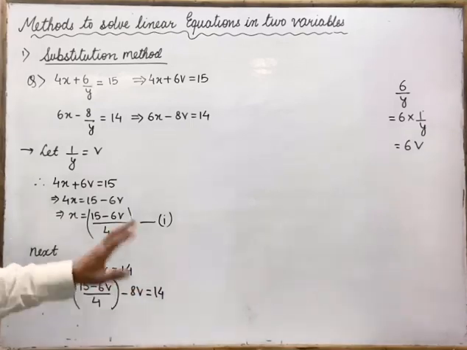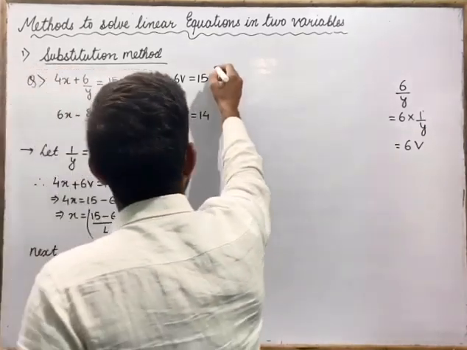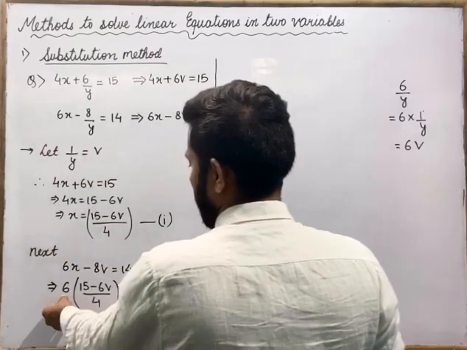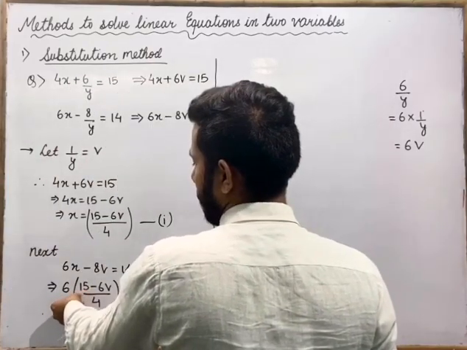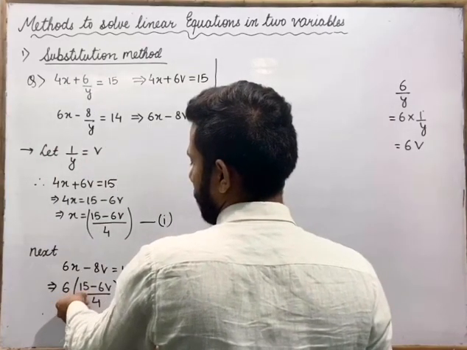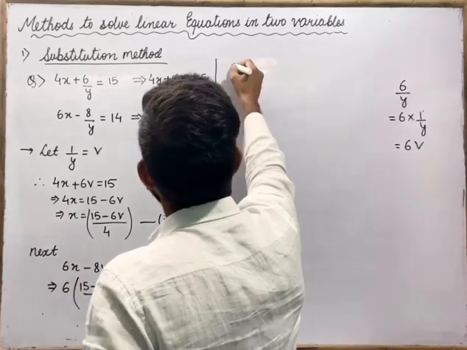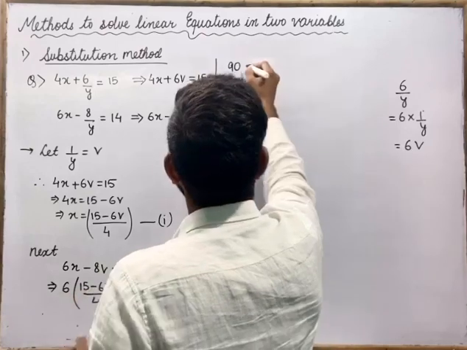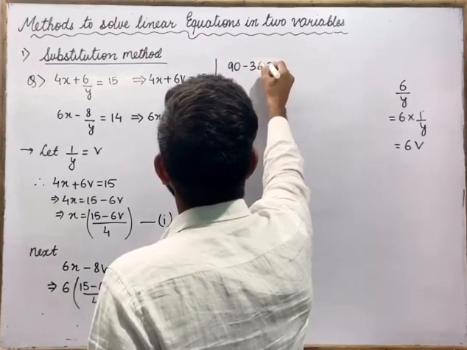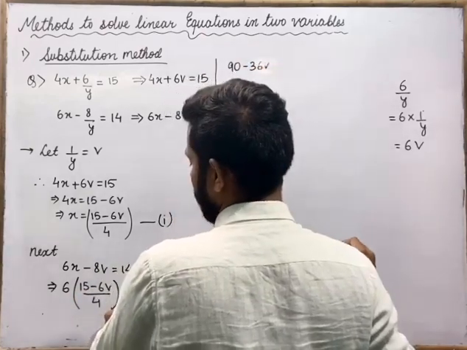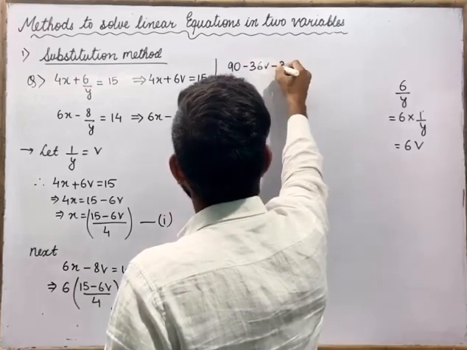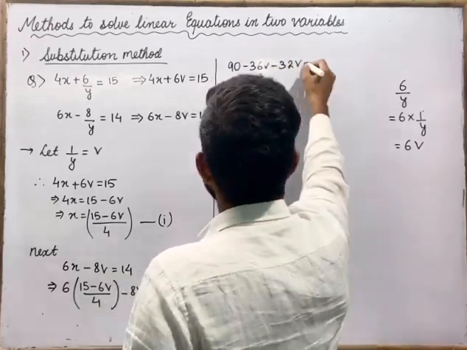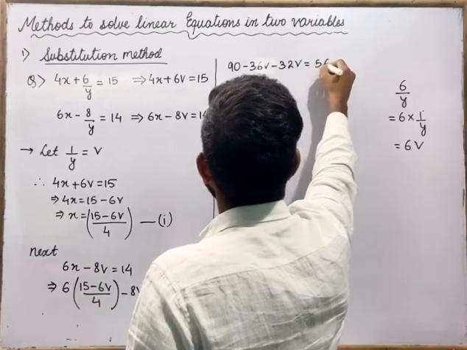Look here. 6 into 15, 90. 6 into minus 6, minus 36v. 4 into minus 8v, minus 32v. 4 into 14, 56.